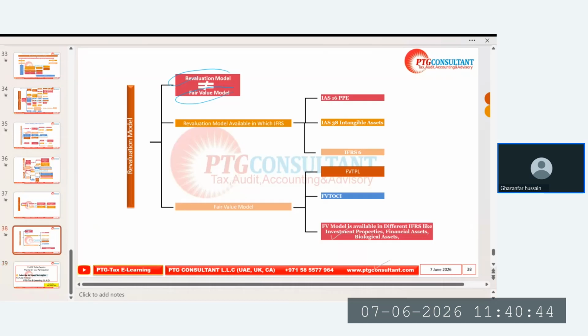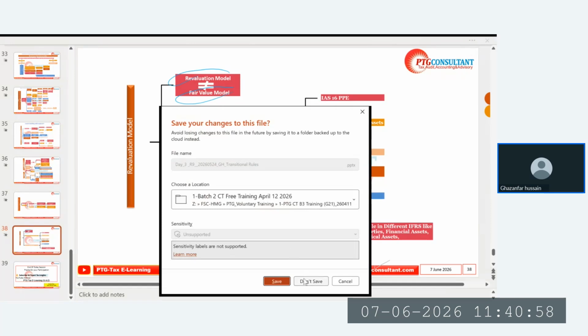Our learning will be a very practical aspect, and it is applicable to most organizations.